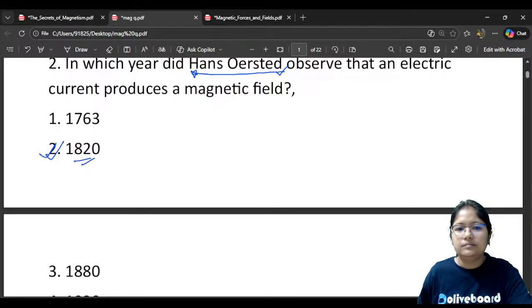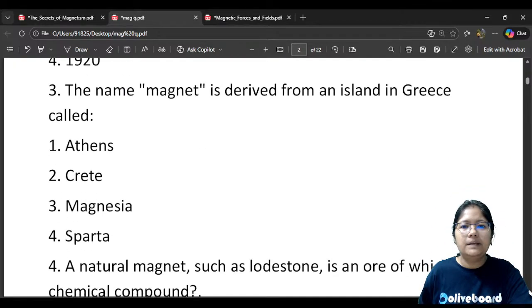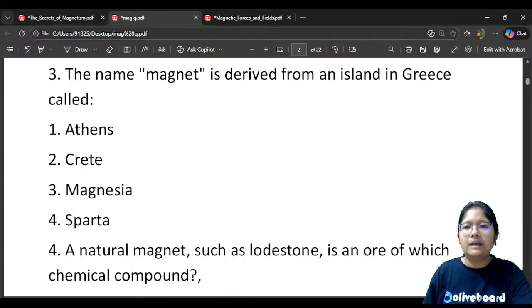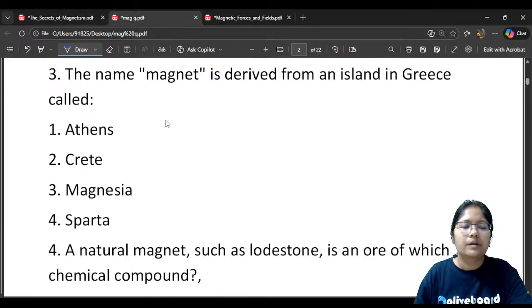All right. Next question. The name magnet is derived from an island in Greece which is called. So initially just some warm-up based questions. Yes, it is Magnesia.